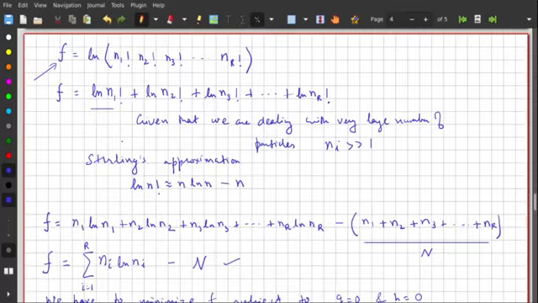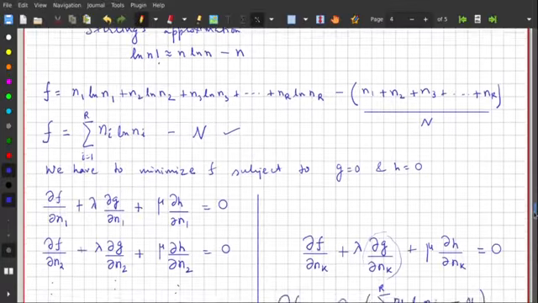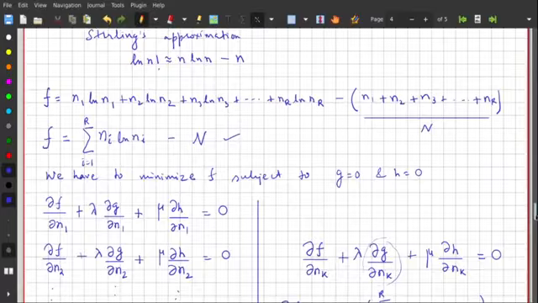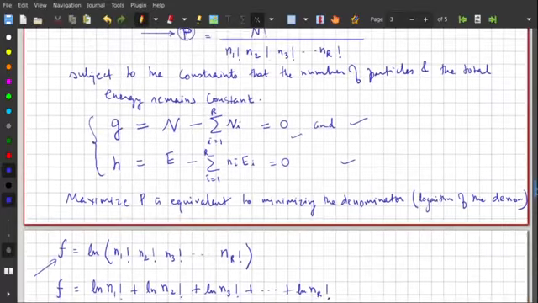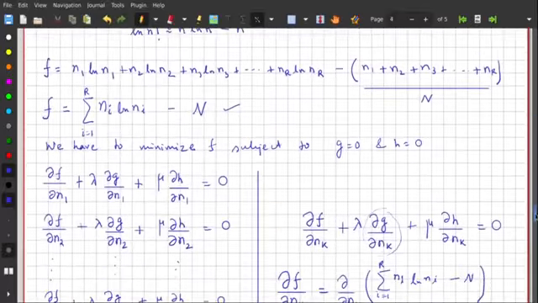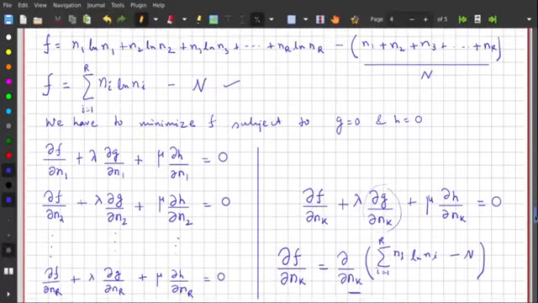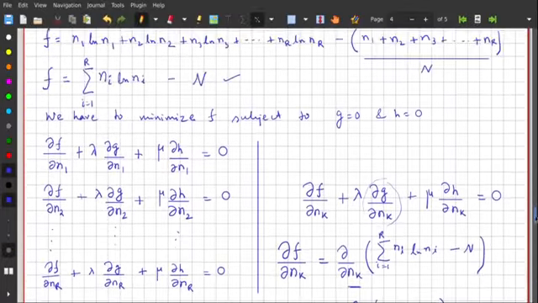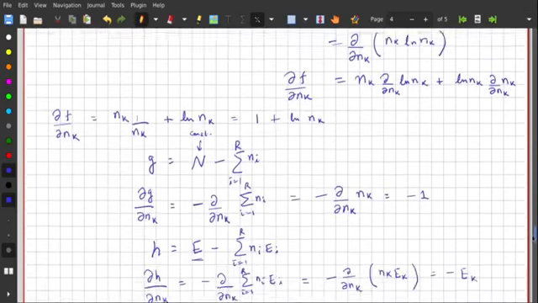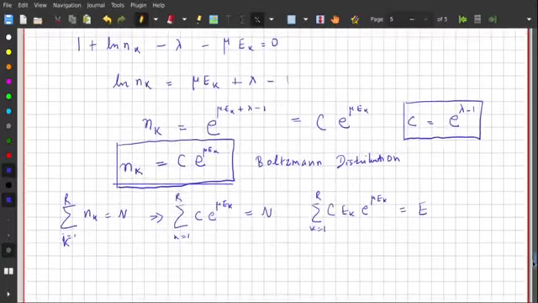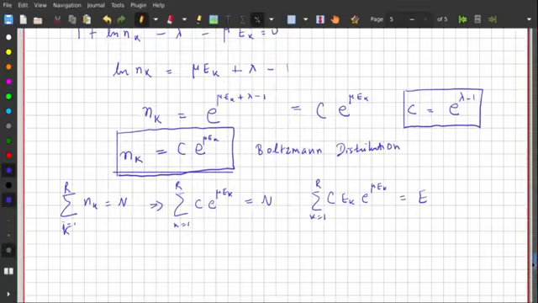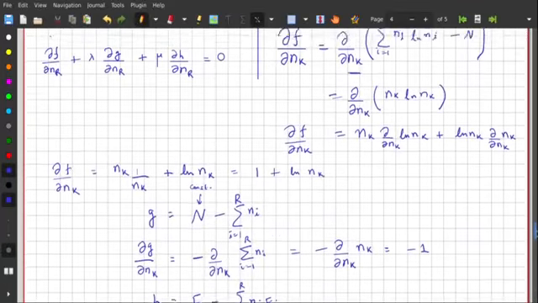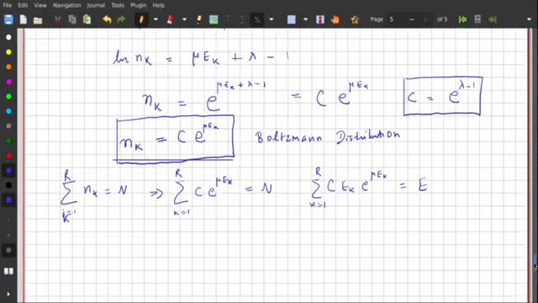to continuous smooth functions using Stirling's approximation. That's what we did. We converted f using Stirling's approximation, then we had the constraints g and h, and based on the constraints we wrote the optimization problem using the Lagrange multipliers lambda and mu. Based on that we were able to figure out the particle distribution for the kth energy state, and the Lagrange multipliers themselves could be figured out from the constraints.